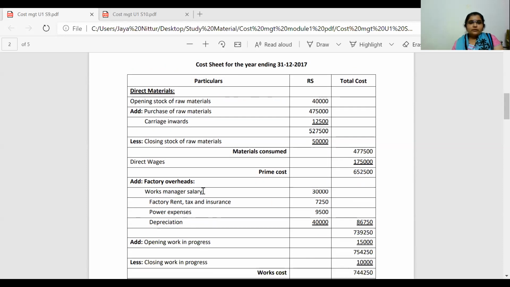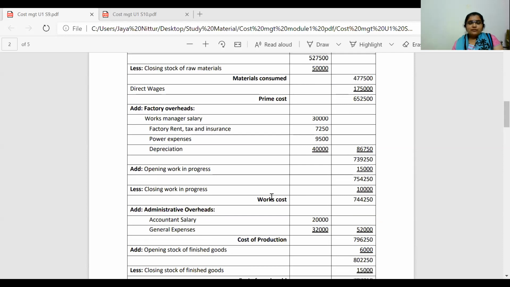After that, we need to add factory overhead. In factory overhead, works manager salary will come, then factory rent, taxes and insurance, power expenses, depreciation. The total amount is 86,750. For this, we add opening work in progress and deduct closing work in progress. Then we get works cost. Then we add administrative overhead: accountant salary and general expenses, a total of 52,000.